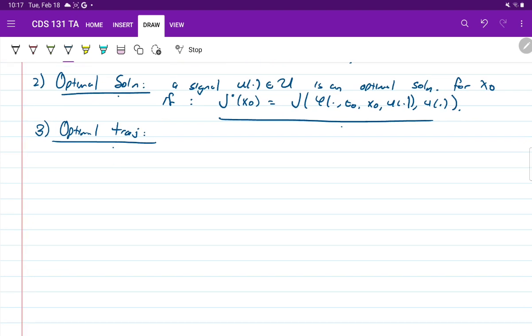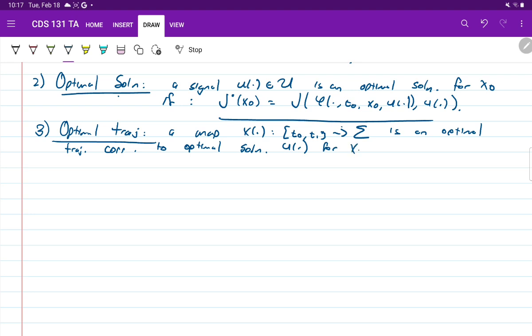So we have that a map x going from t naught, t1 to sigma is an optimal trajectory corresponding to optimal solution u for x naught if we simply have x of t is equal to phi of t, t naught, x naught, u for all t belonging to t naught, t1.